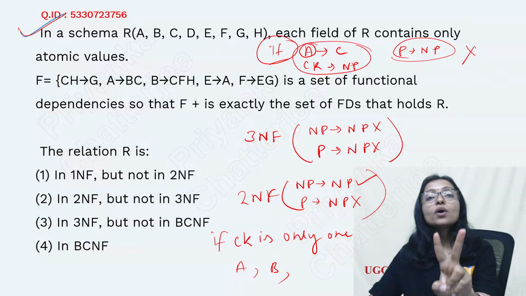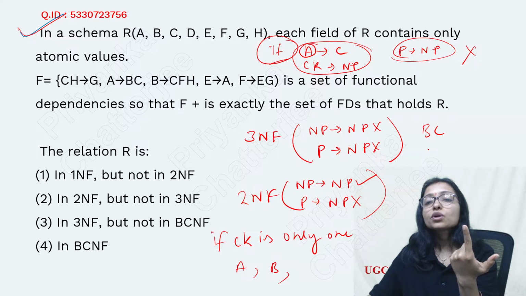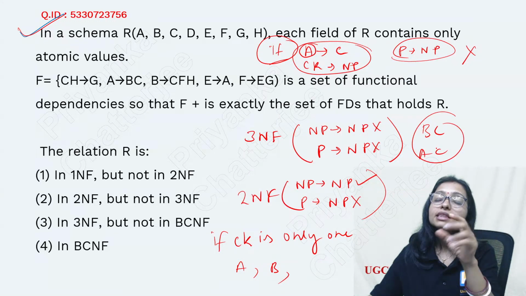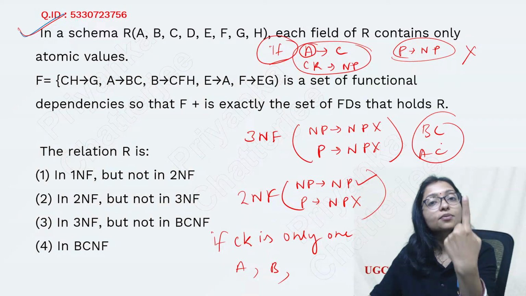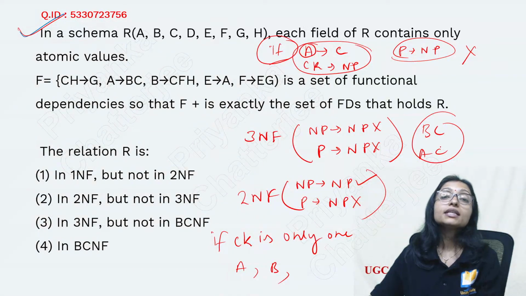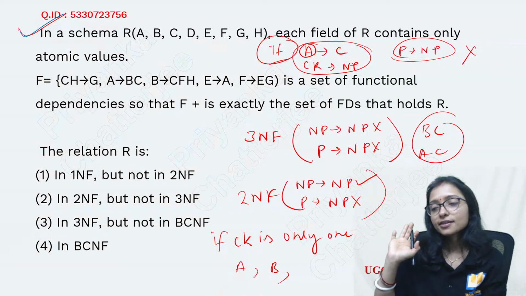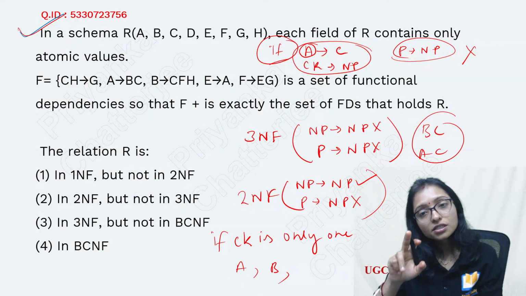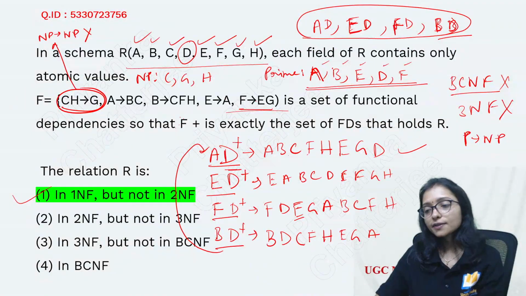When more than one attribute is there, like BC together, AD together, these are parts of the candidate key. One single attribute making a candidate key is not at all treated as prime; it is a full candidate key. Sometimes questions come and students make mistakes here, so don't make that mistake.